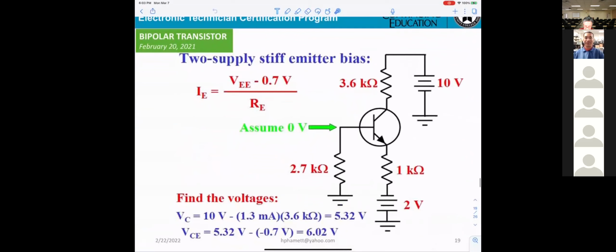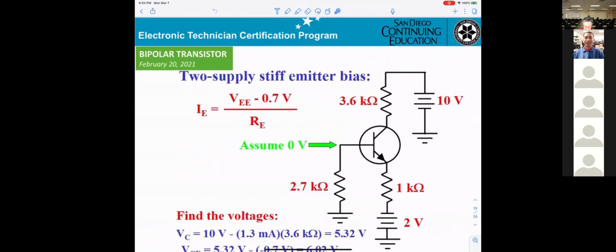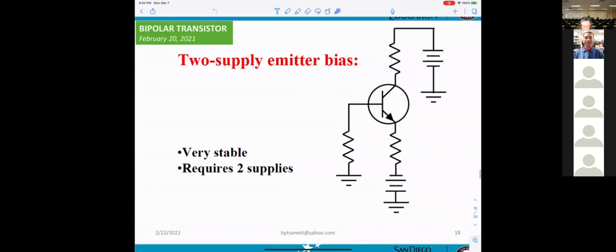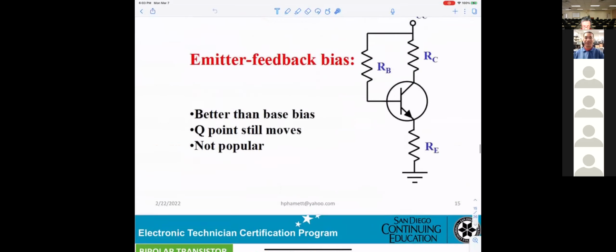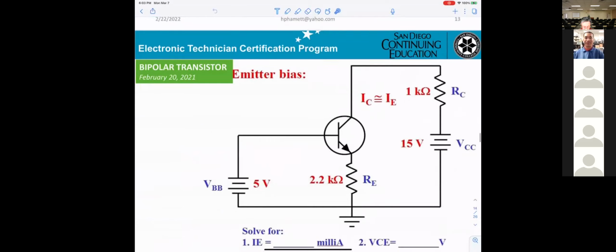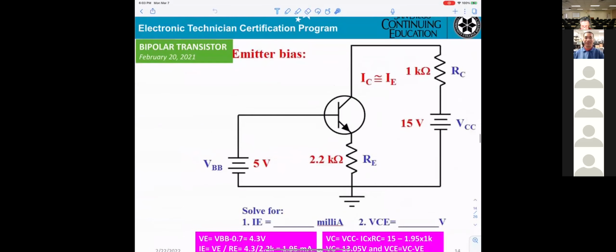Okay? Mr. Pham, can you go back to the one that was called base bias with the two power supplies? You're right there. I guess what I'm trying to find out is the names. They call this a base bias.